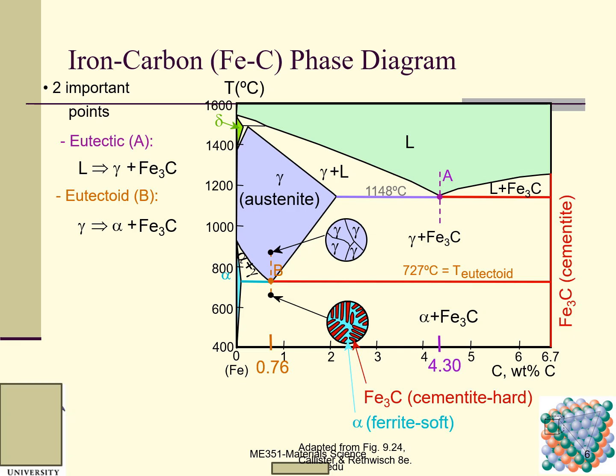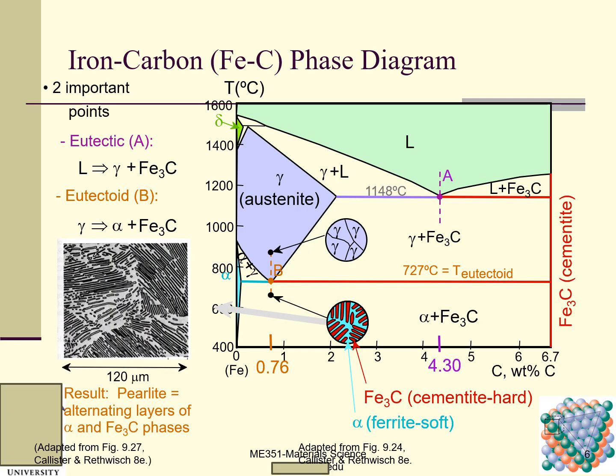This is the cementite lamella here. Here is a micrograph of pearlite. Pearlite has alternating layers of ferrite and cementite. This is pearlite, and I want you to know this is very important.